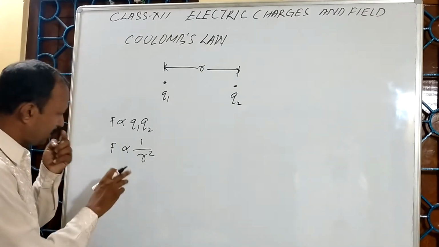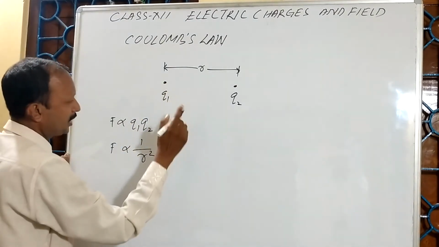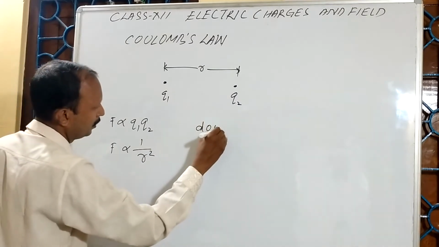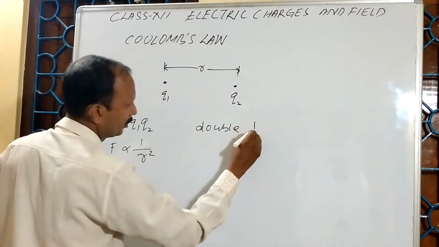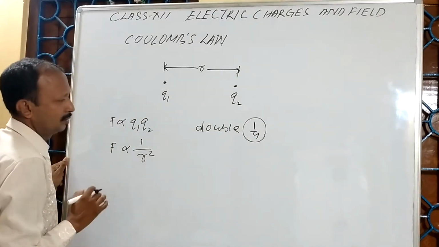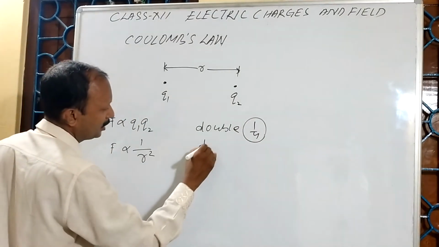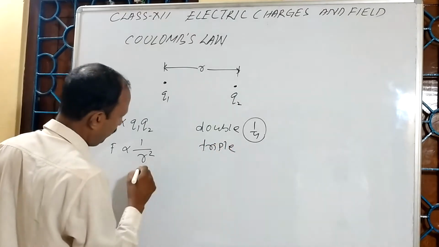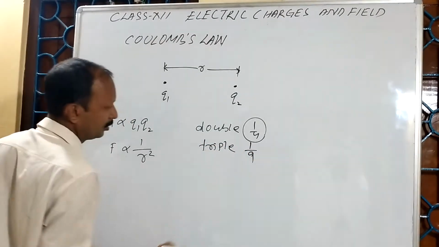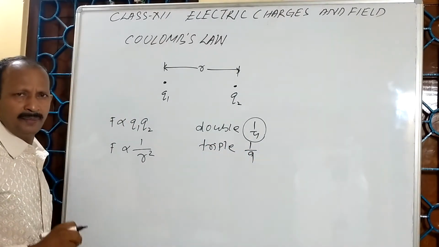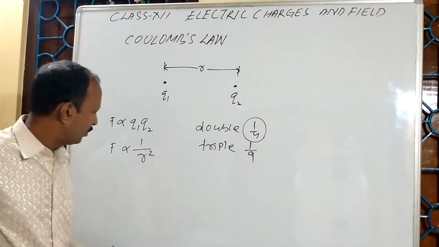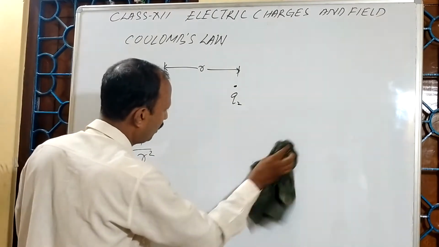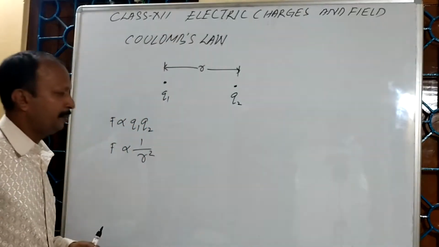That means if this distance becomes double, then this force will be 1/4. If the distance becomes triple, the force will become 1/9, like this. So force is inversely proportional to the square of the distance between them.